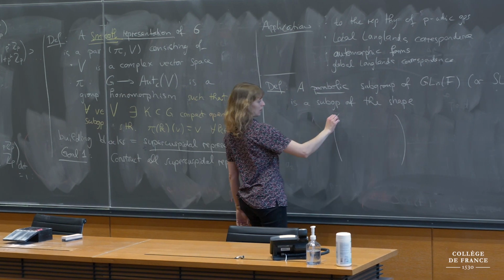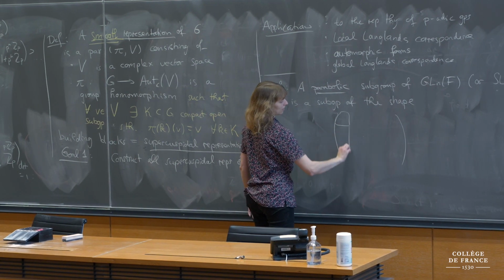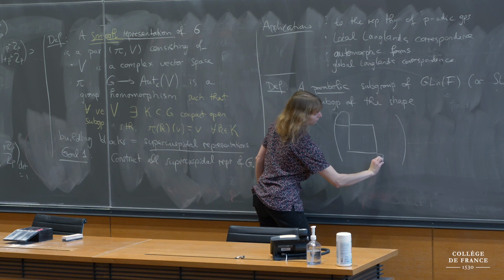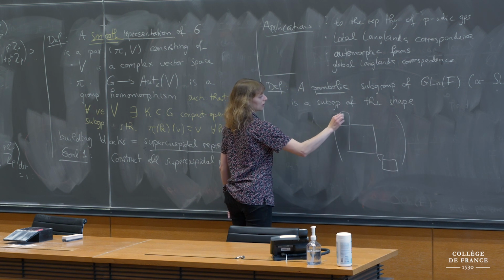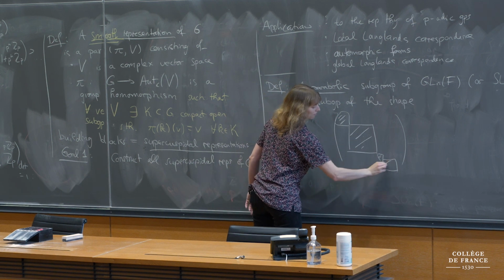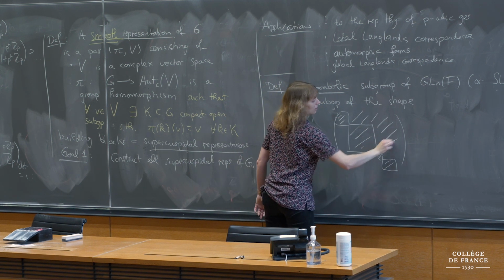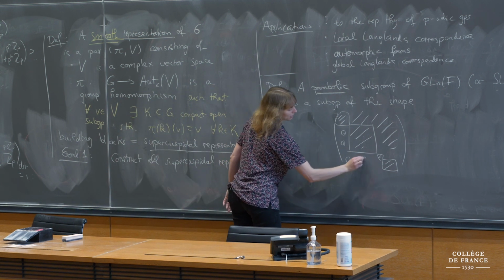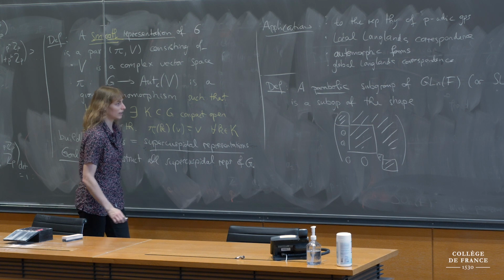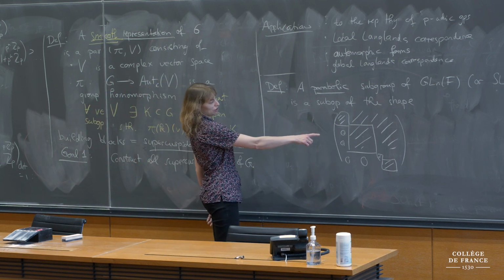So we take all the matrices where we choose some blocks, whichever size of blocks you want. And you're allowed to put anything you want on these blocks, and anything you want above these blocks. And everywhere else below these blocks, you have 0.